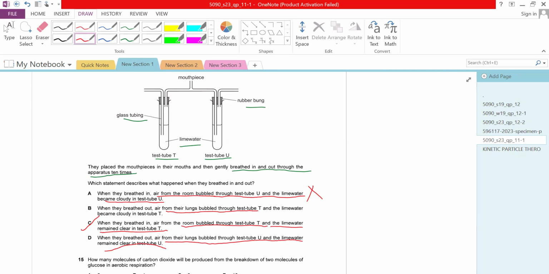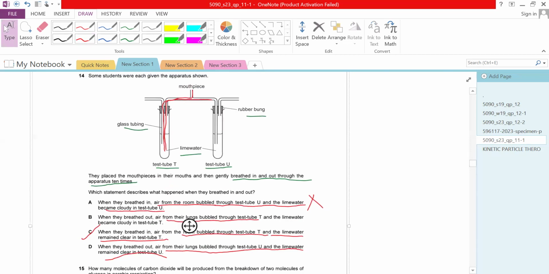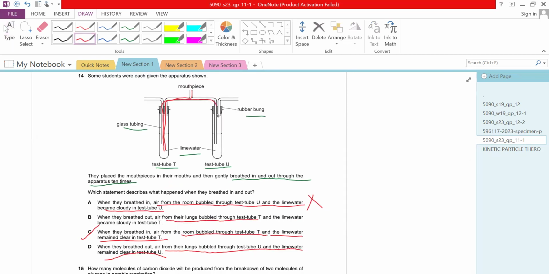When they breathe in, the air enters the test tube T, but the lime water remains clear. It doesn't become cloudy. But when they exhale, the air from this tube comes to this tube, and here the carbon dioxide concentration is more. It is 4% in the expired air.